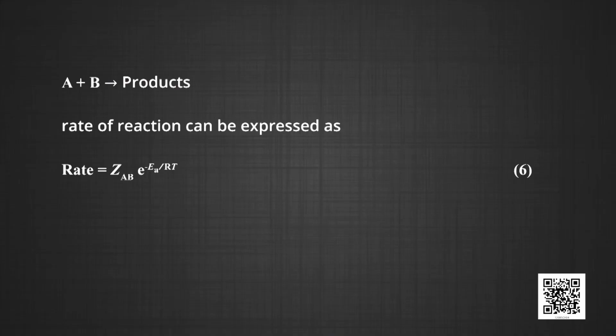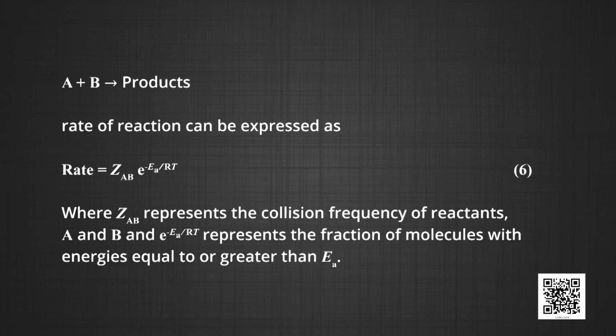The rate of a reaction can be expressed as rate is equal to Z_AB e raised to the power minus Ea by RT, where Z_AB represents the collision frequency of the reactants A and B, and e raised to the power minus Ea by RT represents the fraction of the molecules with energies equal to or greater than activation energy.